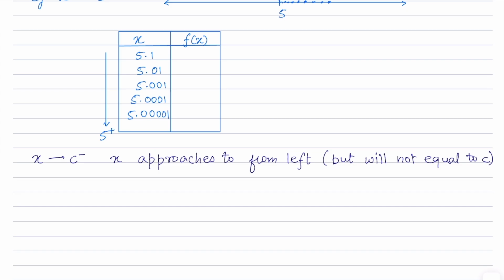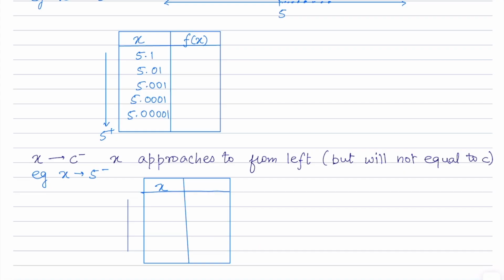So if we say x is approaching to 5 from left hand side, and you are looking at the behavior of f(x), the values of x that you will choose, so it's approaching to 5 from left hand side. So all the values that you want to choose should be less than 5 and approaching to 5.